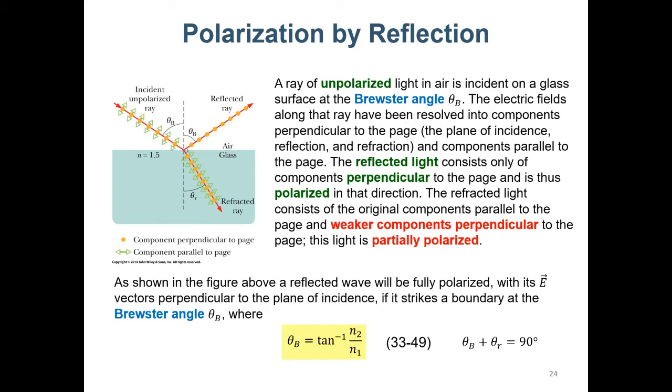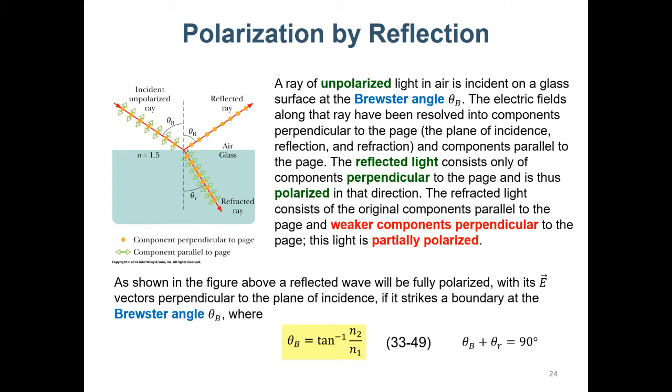So this should be n1 over the square root of n1 squared plus n2 squared, which is nothing but cosine theta b.